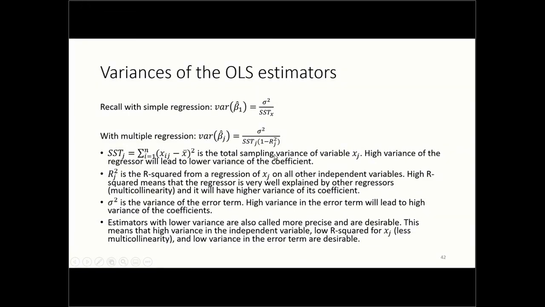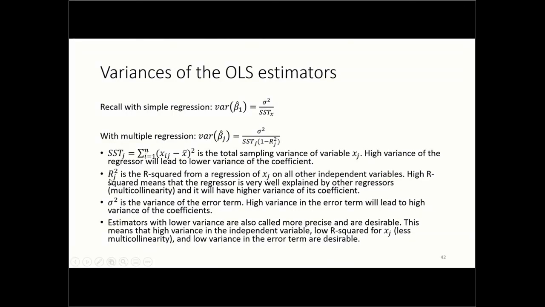The higher this value, because it's in the denominator, we would have a lower value for the variance of the coefficient. So again, we want as much sampling variation in the x variable as possible, since that would lead to less variance of the coefficient. That would be a desirable thing.